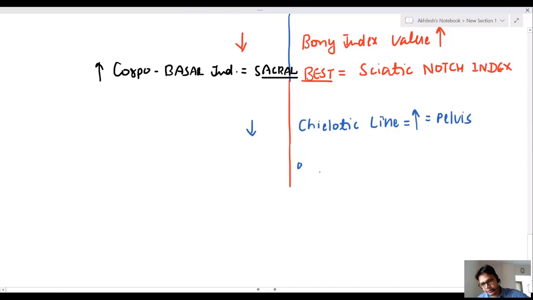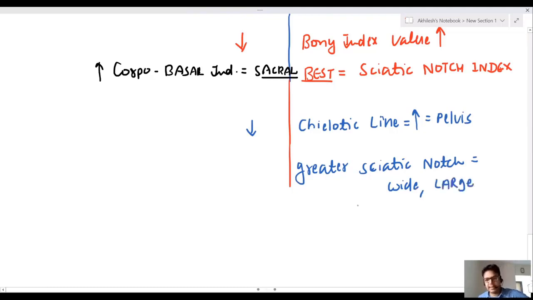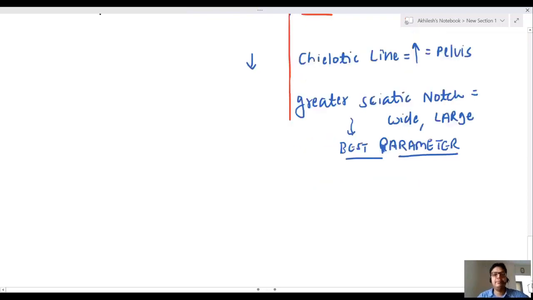Greater sciatic notch is wide and large in female. Opposite will be in male, and sir, it is the best parameter to differentiate male and female.